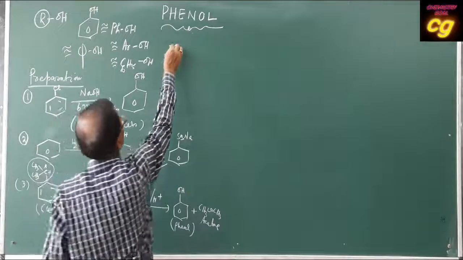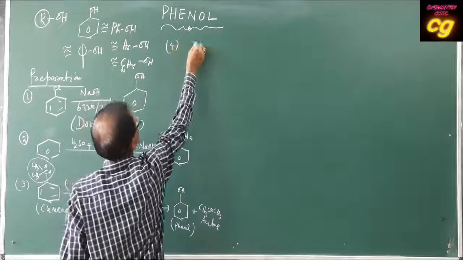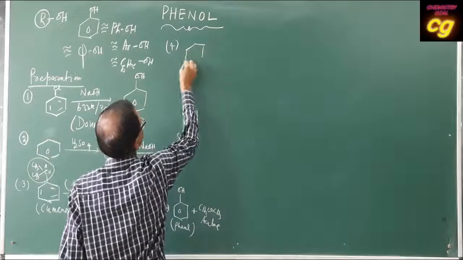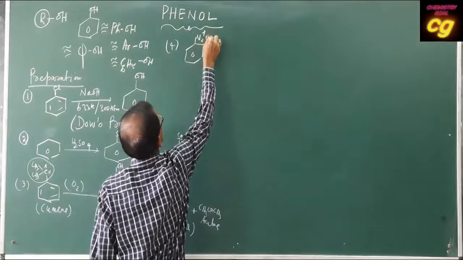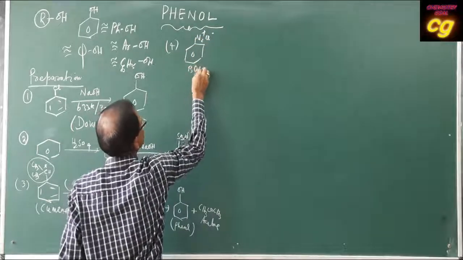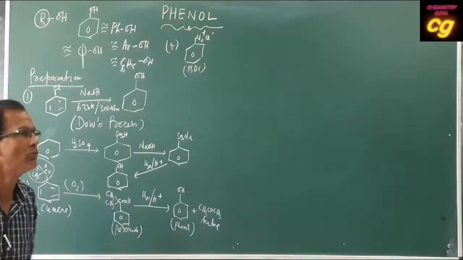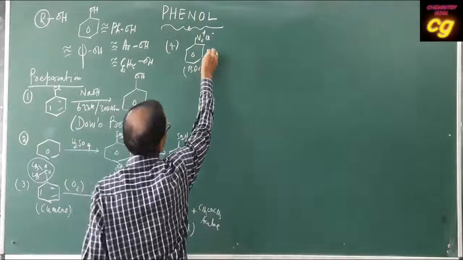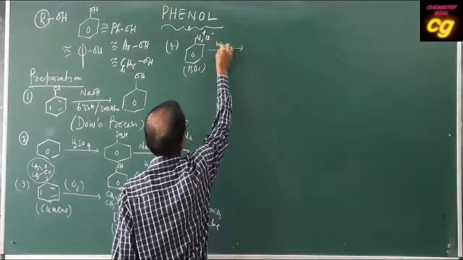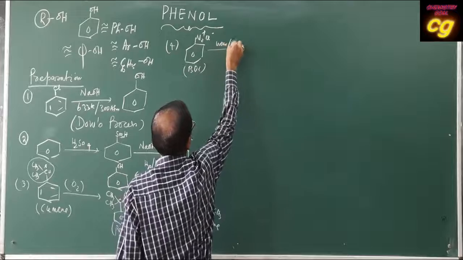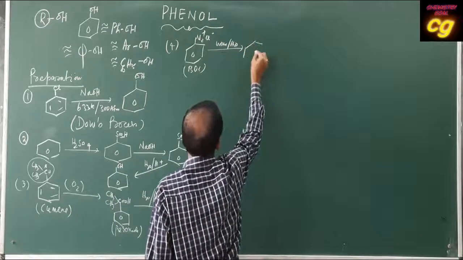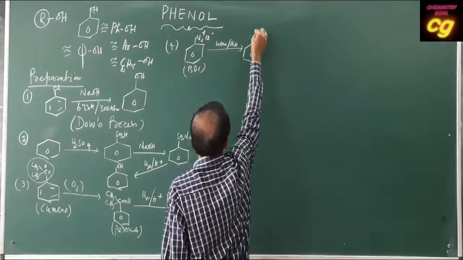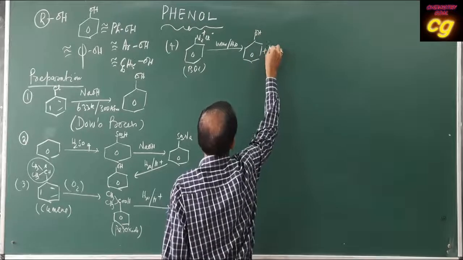it can be prepared by another method from BDC. If you take BDC, C6H5N2+ Cl-, benzene diazonium chloride, when it undergoes hydrolysis with warm water, it produces phenol and nitrogen.